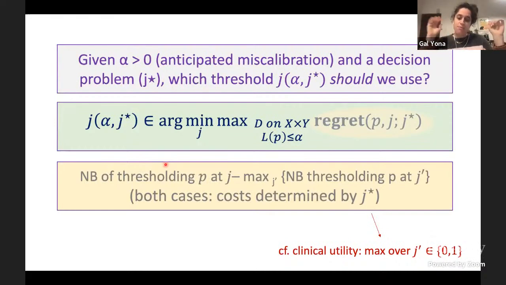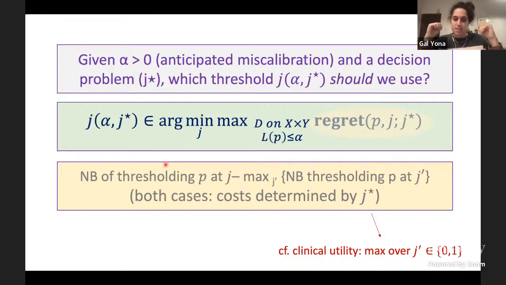And then the regret of using a threshold J with this predictor P is basically the net benefit obtained by thresholding P at this threshold J, minus the net benefit of thresholding P at the best threshold, the best threshold in hindsight.